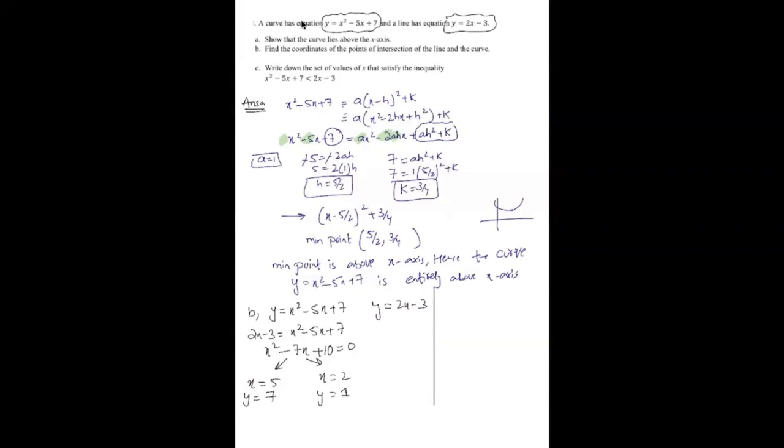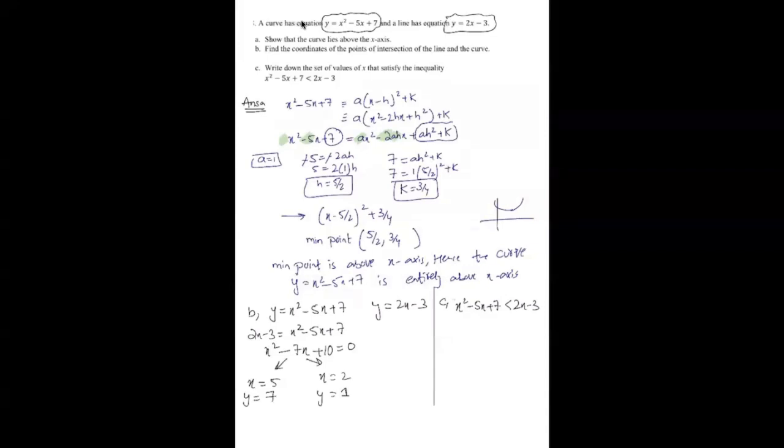Now for part C, guys, the question says, write down the set of values of x that satisfy this inequality: x squared minus 5x plus 7 is less than 2x minus 3.